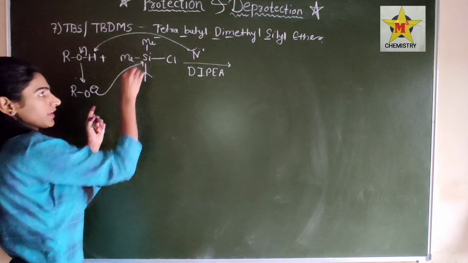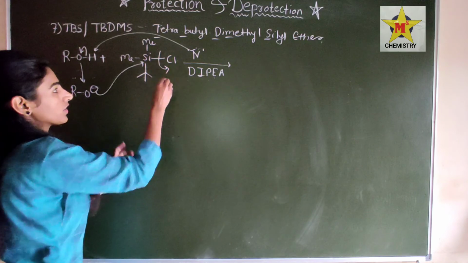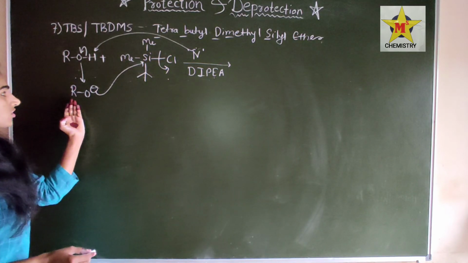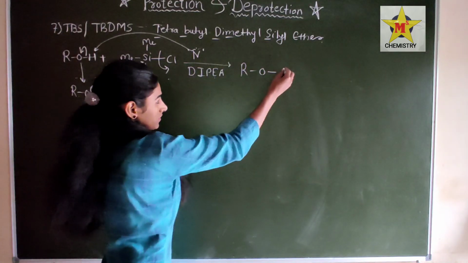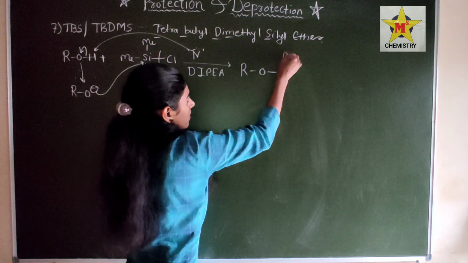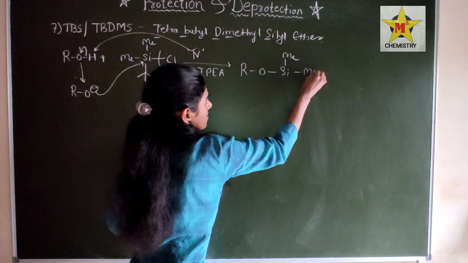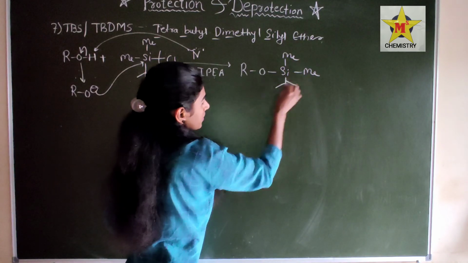This O minus will attack the silicon and chlorine will depart. Then RO-Si with the tert-butyl group is formed.